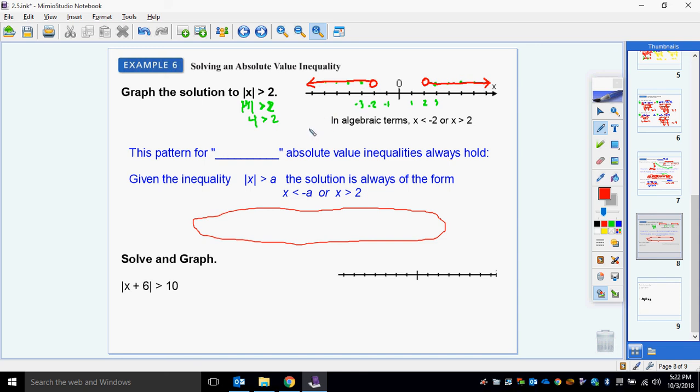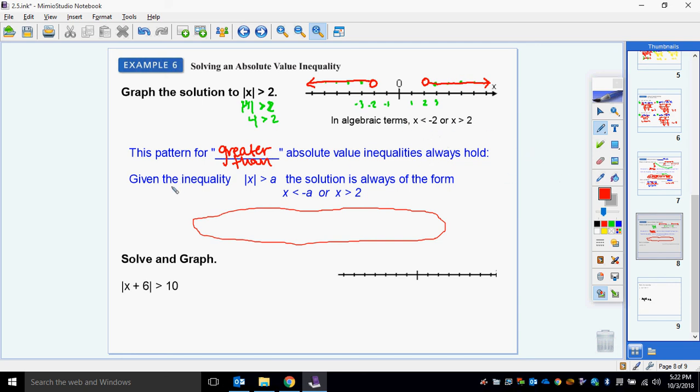Okay, so this is a pattern, right? If I were to ask you guys what's the inequality that represents this graph, you would say, well, looks like x, the values on this red line, are less than negative 2, or the x values over here could be greater than 2. So this pattern for greater than absolute value inequalities always holds.